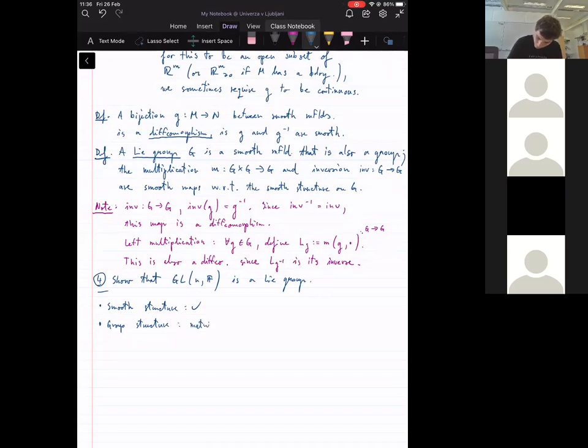Of course, this is just matrix multiplication and inversion. Now we have to show that these two structures are compatible.